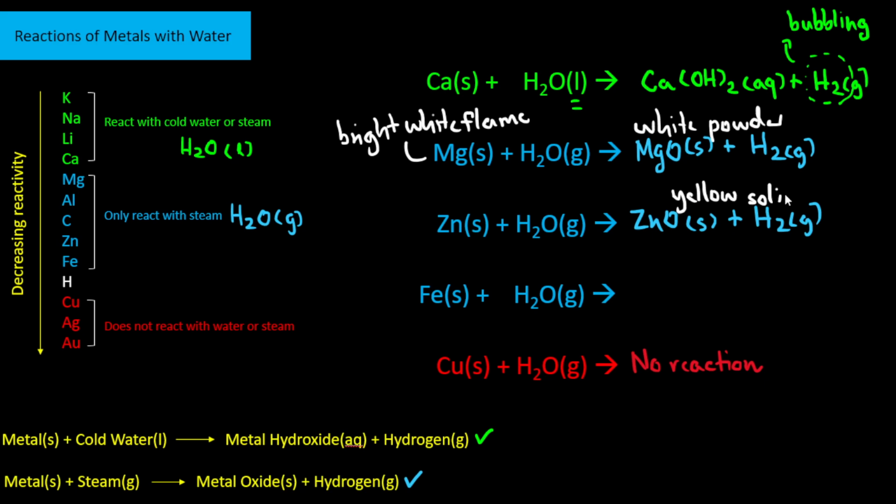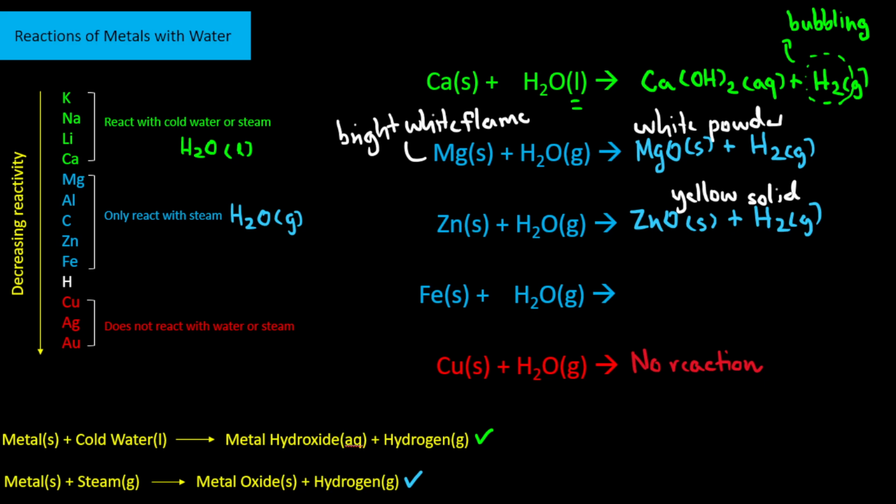So I understand that the colors and the observations might be difficult to remember, but if you keep practicing on it, if you take note of it every time you see something, there's no way that you are not going to remember all of this.